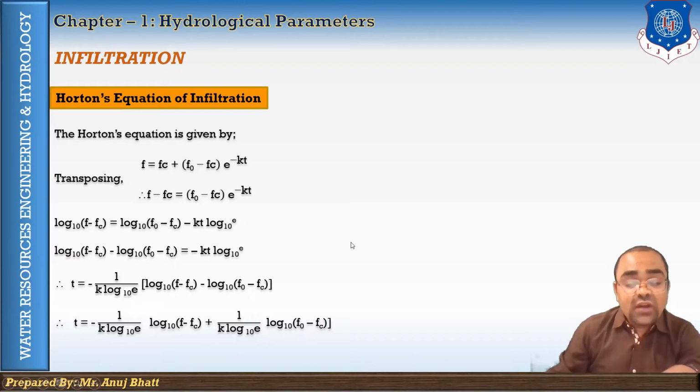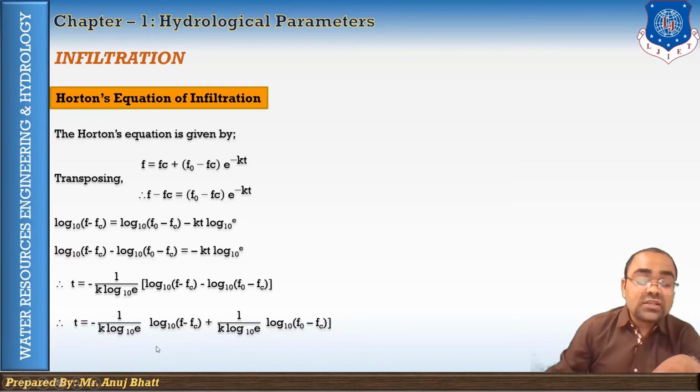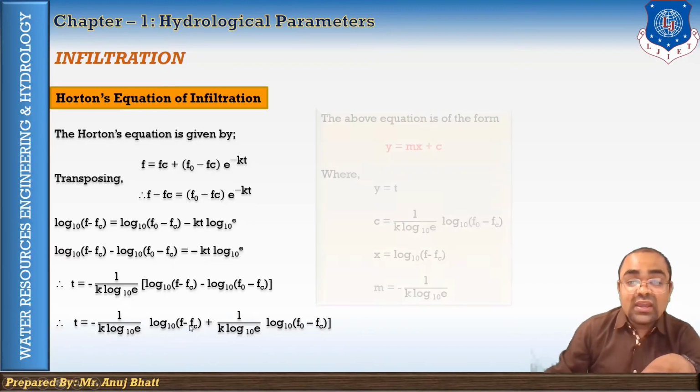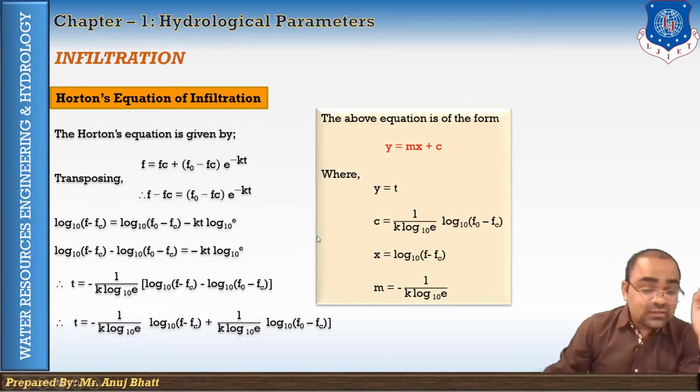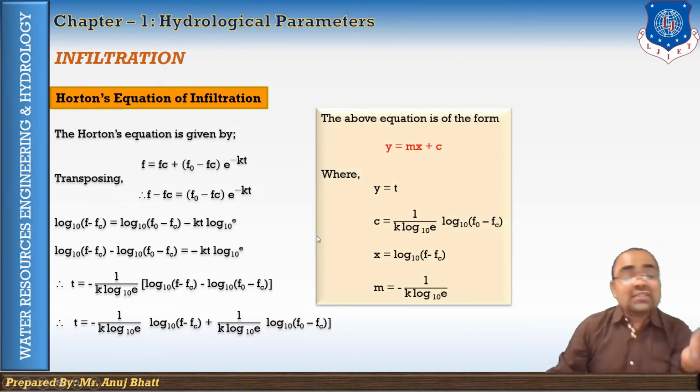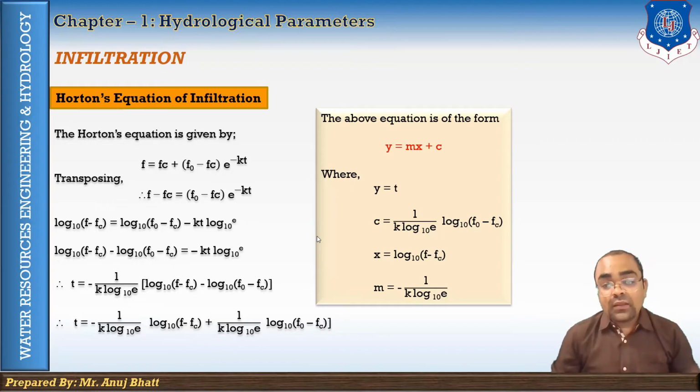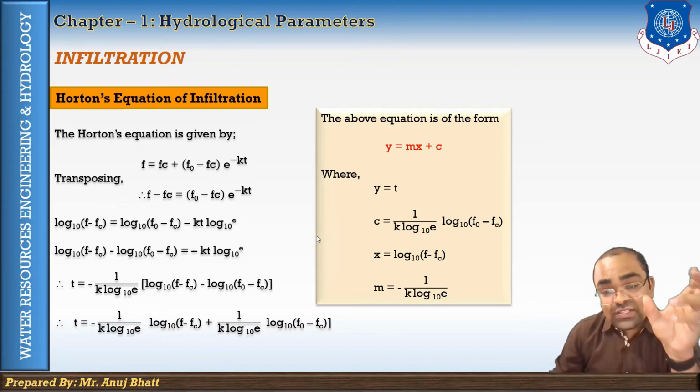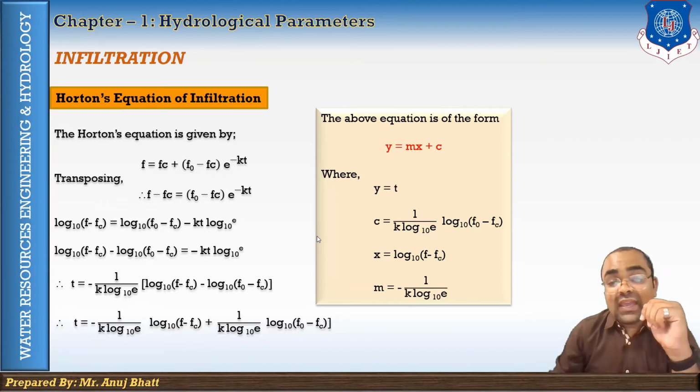So if we compare this equation with the equation y is equal to mx plus c, we will get the value of y, that is t, and the value of c, a constant value, 1 upon k log e into log F0 minus Fc.